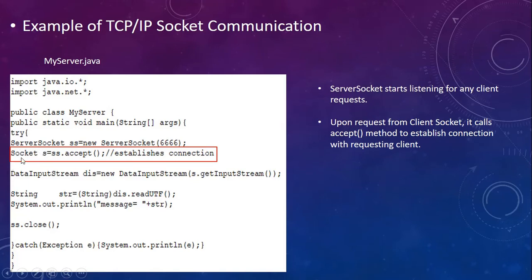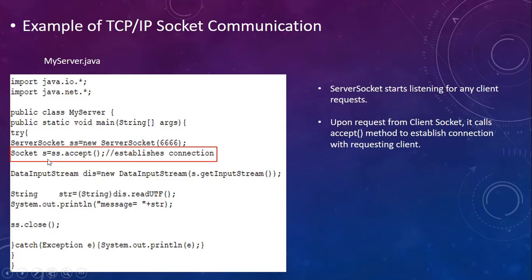You are creating an object s of the Socket class. This is a client socket, and you are saying ss.accept. That means the server socket is accepting the client socket's connection request. The server socket has been created, and you have specified the port number that the client can use to connect.